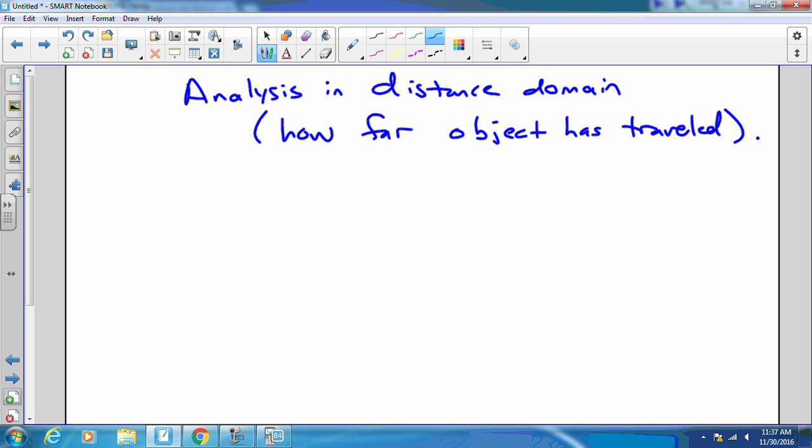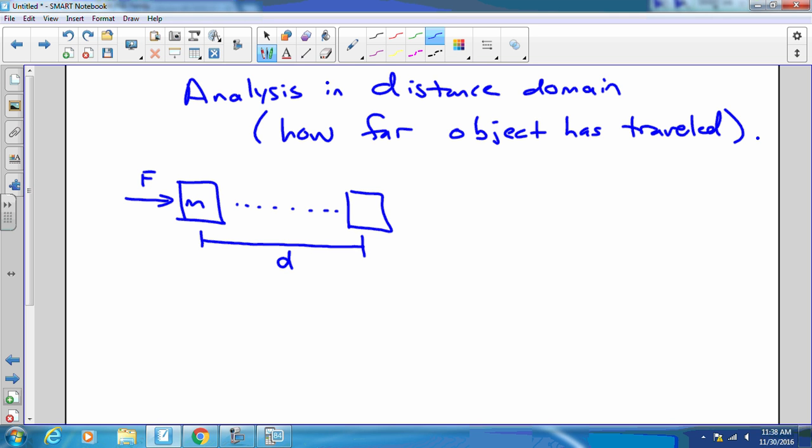So what we're going to do then is relate the effect that a force has on an object as it travels a distance d to the motion of that object. When an object travels a distance d, picture it under the influence of the force right here.